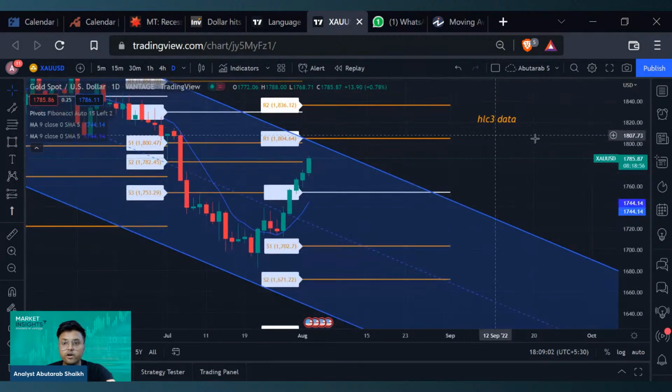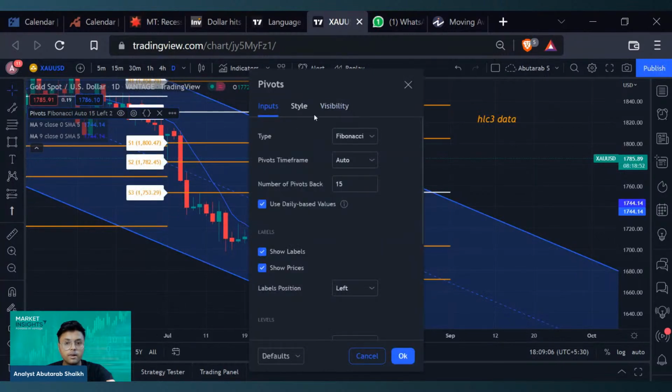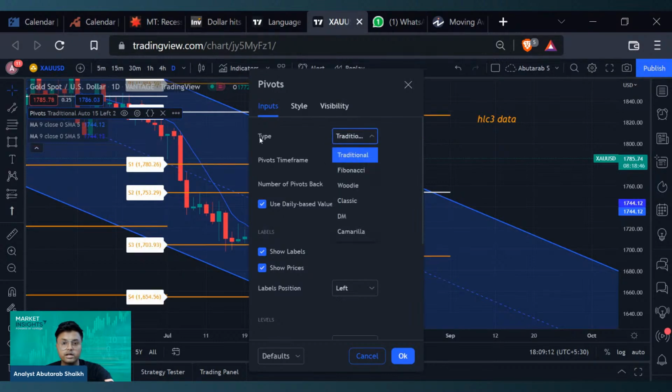So we got the understanding of HLC 3 data. Now look at the settings. You have to keep everything normal. There are different types: traditional, Fibonacci, Woody, classic, Camarilla. All have certain utility. Every single pivot point has some form of use.